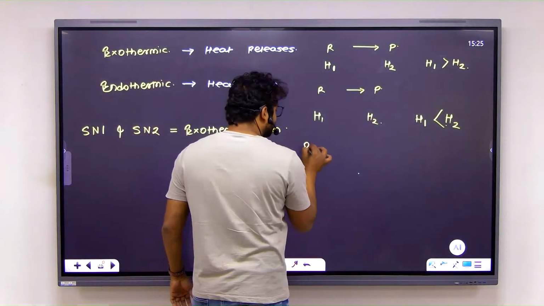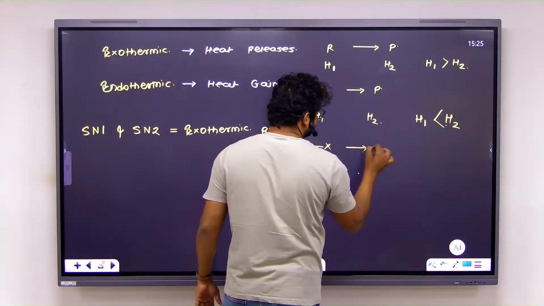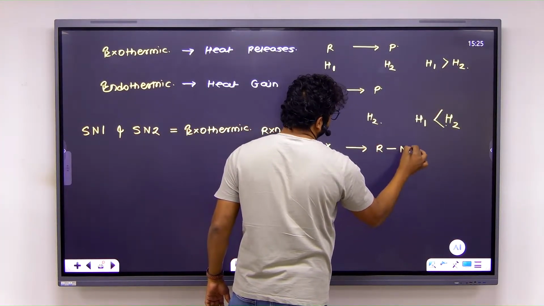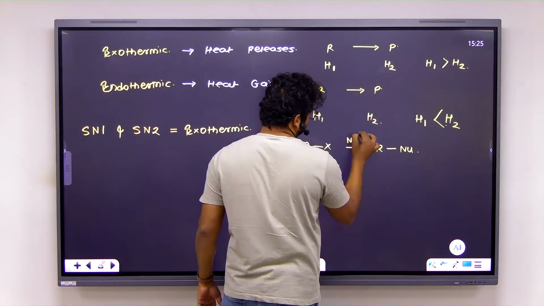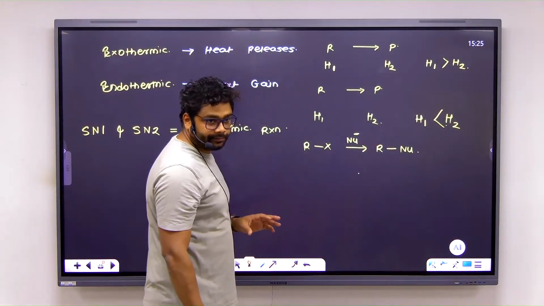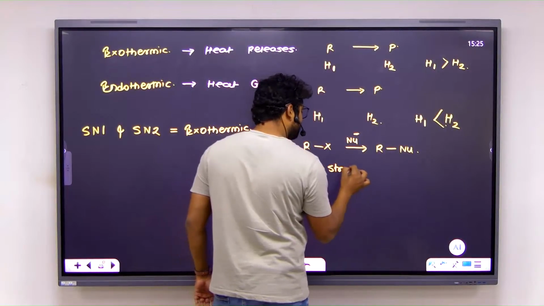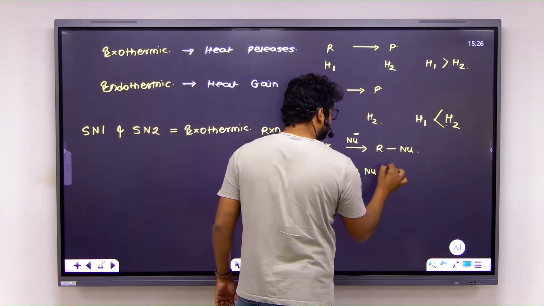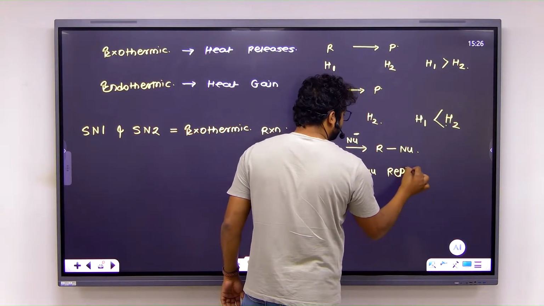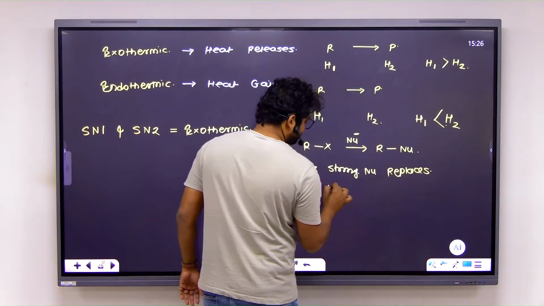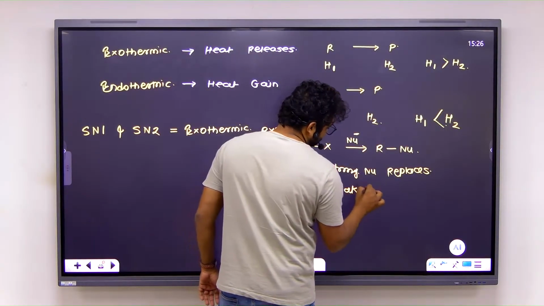In both reactions, Rx changes to what? Rnu. And why exothermic? Because a strong nucleophile replaces a weak nucleophile.